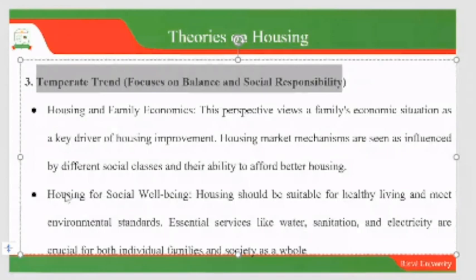So households that do not necessarily have economic power will stay in poor quality houses compared to those that have better socio-economic classes. So housing for social well-being: housing should be suitable for healthy living and meeting environmental standards.